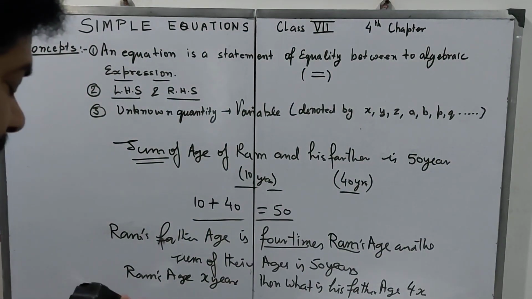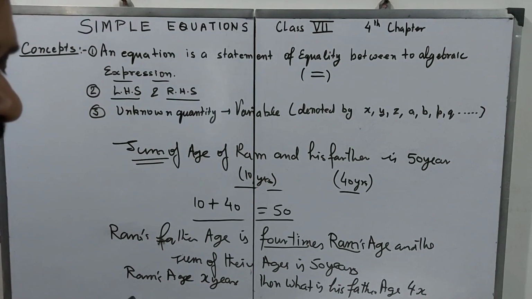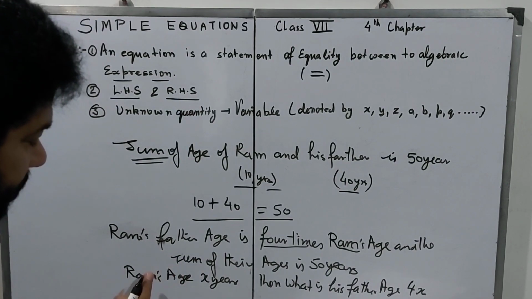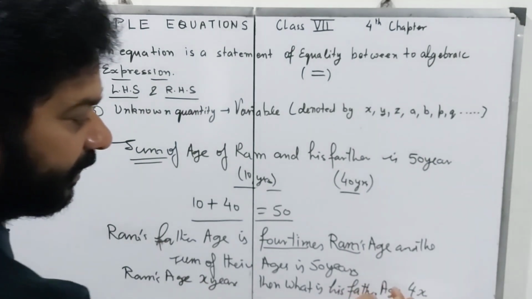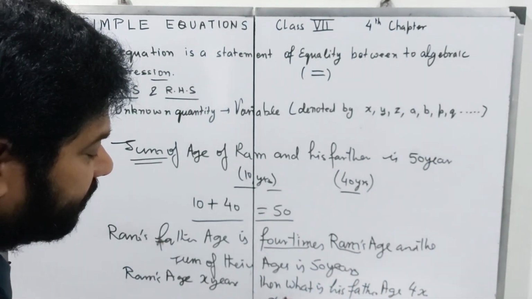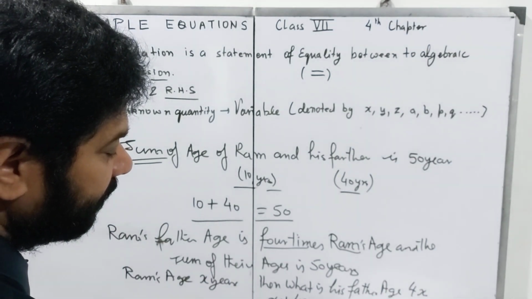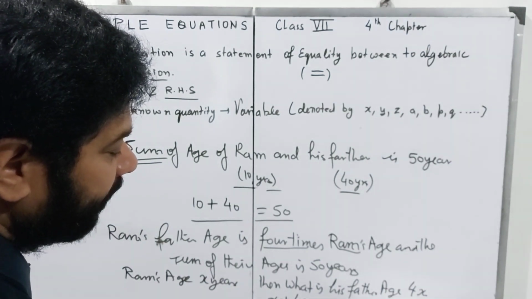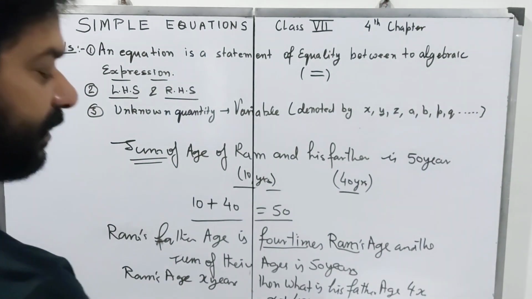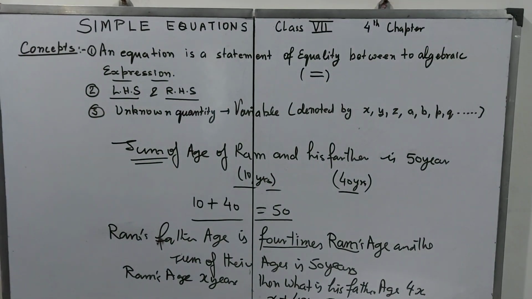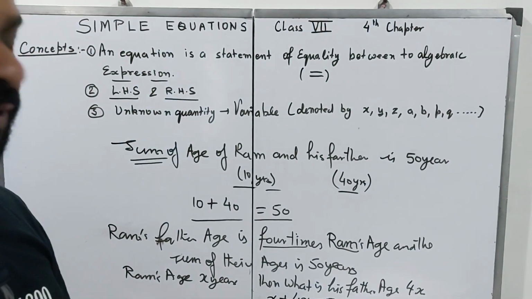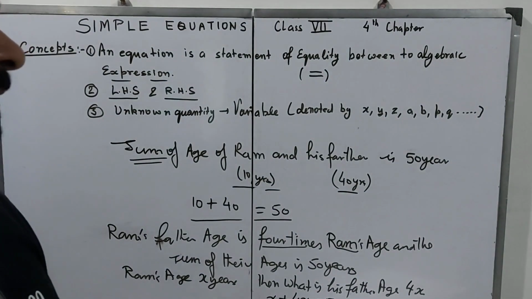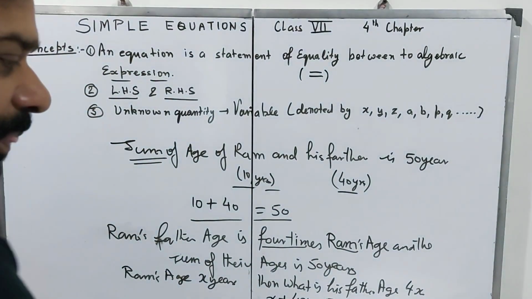Now we form an equation: the sum of their ages is 50. Ram is x years, his father is 4x years, and the sum of their ages is 50 years, so x + 4x = 50. This equation has numbers as well as an unknown quantity. The unknown quantity is x. Therefore, this is an equation in algebraic expression form.